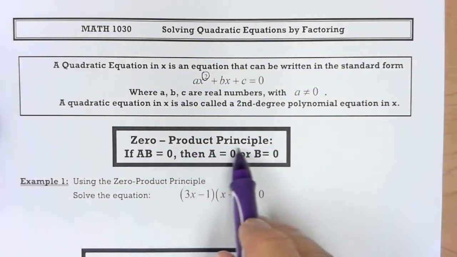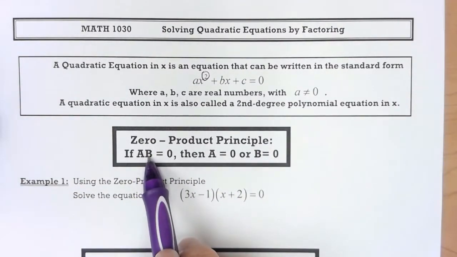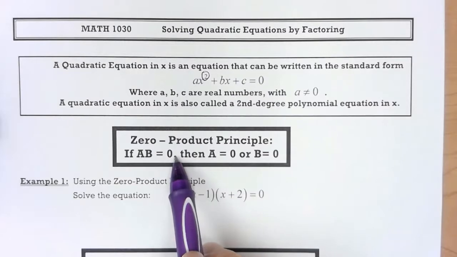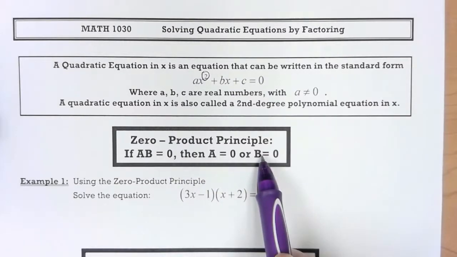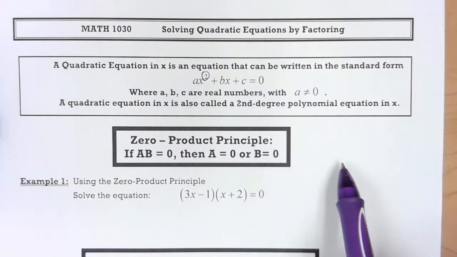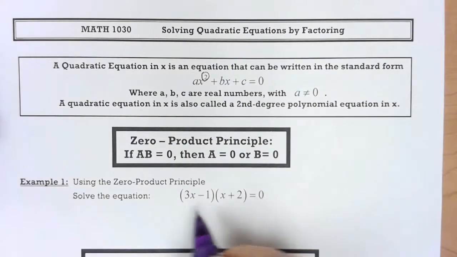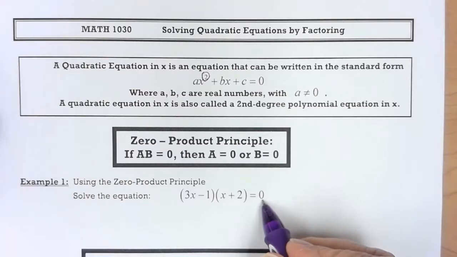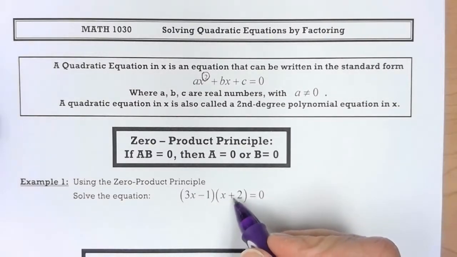So the zero product principle: if you've got a factor A times a factor B and it equals 0, then either A is equal to 0 or B is equal to 0, or they both could be 0. So, using the zero product principle, solve the equation. This is already factored. If it's already factored with 0 on this side, don't remultiply and then factor it, because you'll get right back where you were.